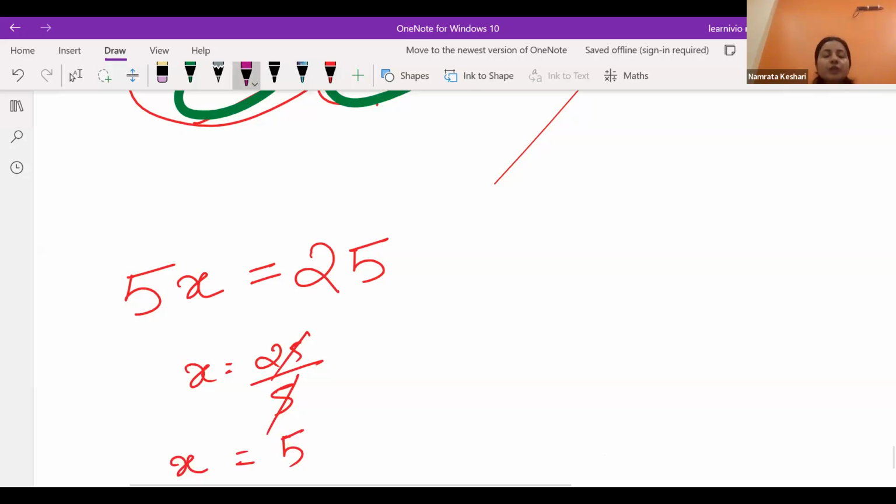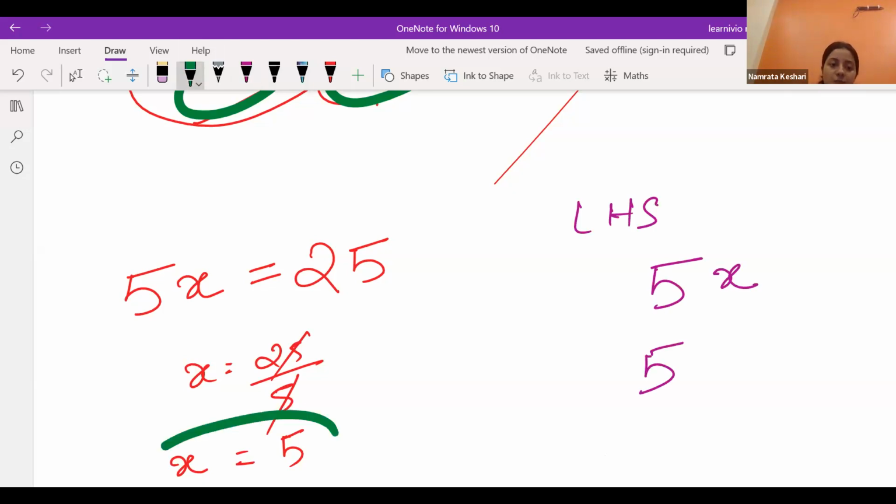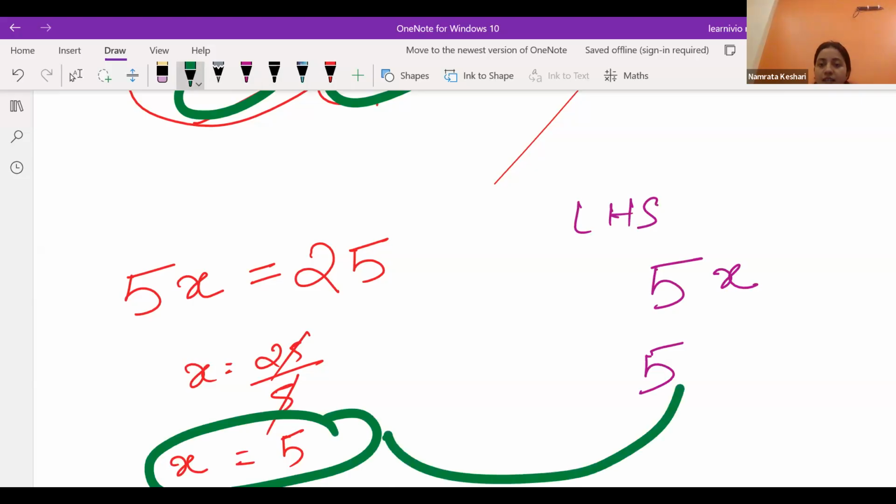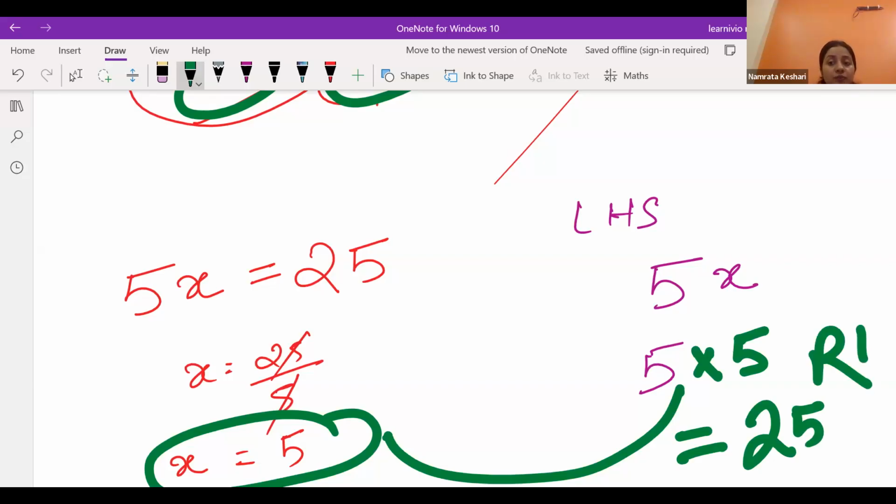Now here I want you to feel the answer. Feel the answer means what? Can I say that on the left hand side, if I substitute this x value at the place of x, we will get the right hand side? Yes or no? Yes, ma'am.